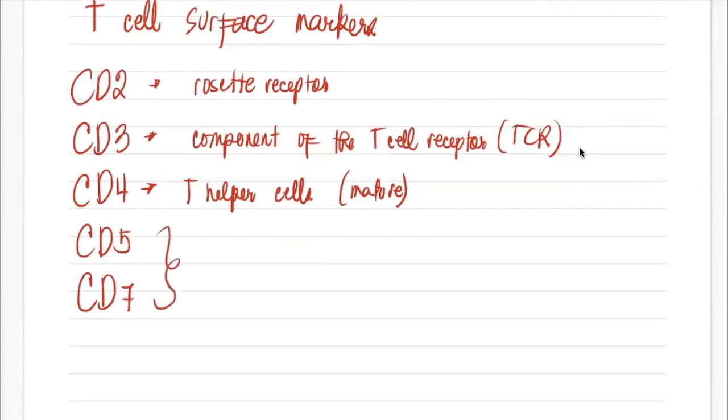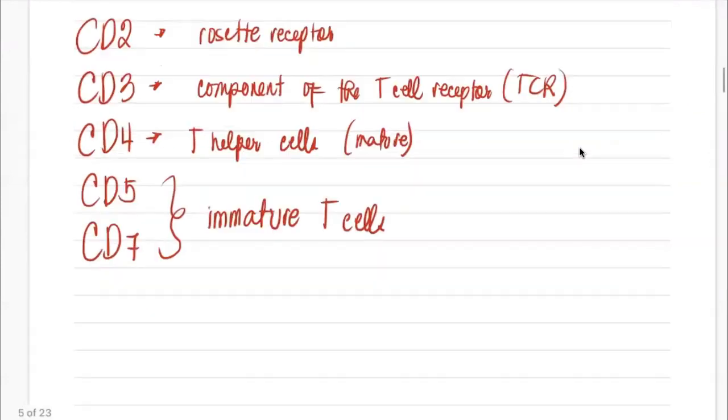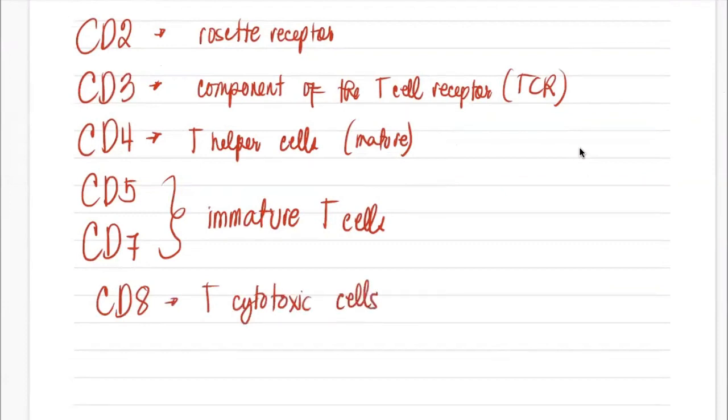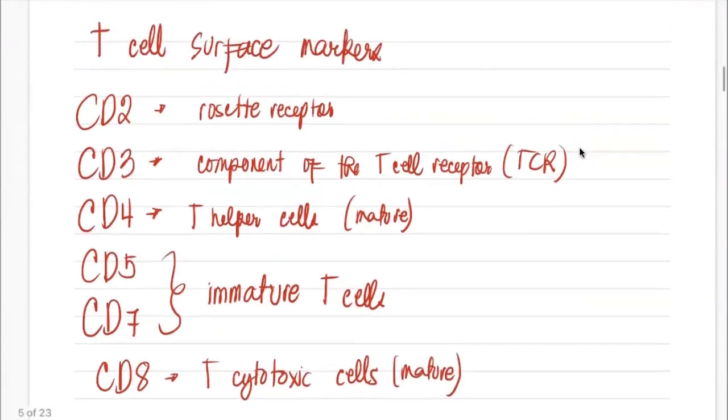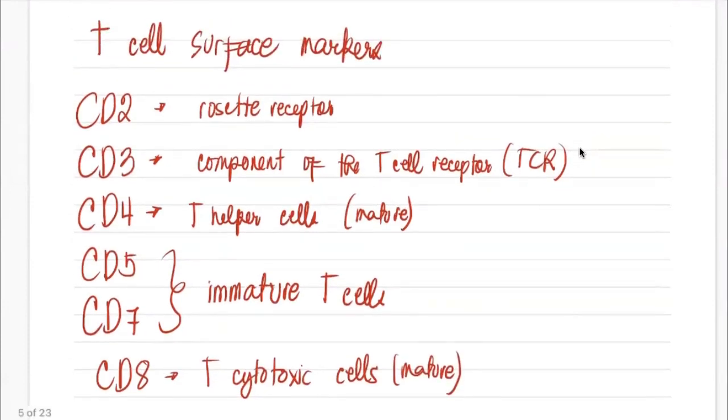Yung CD5 tsaka CD7, these are present in immature T cells. And lastly, we have CD8, which is found in our T cytotoxic cells. So, syempre, mature marker na din siya. So, these are the markers for our T cells.